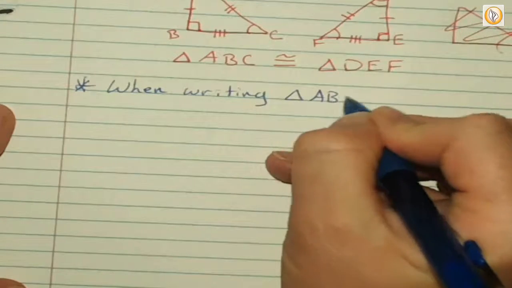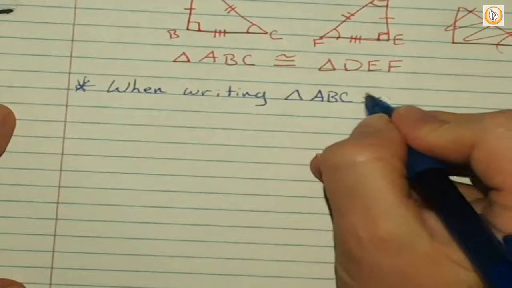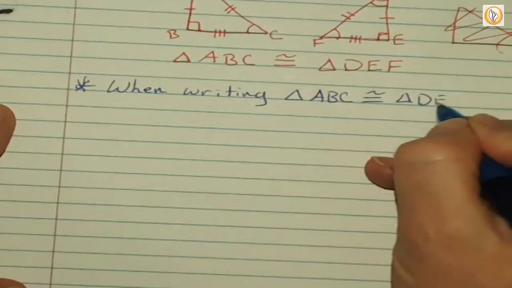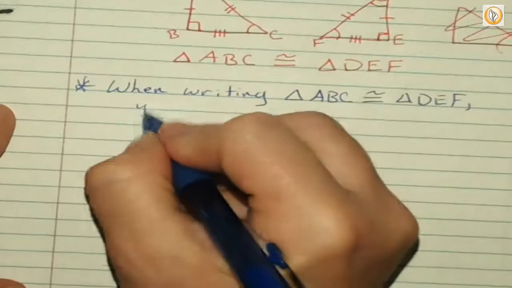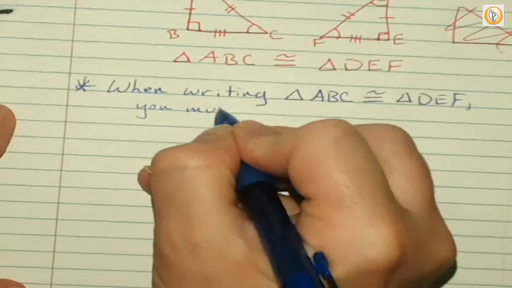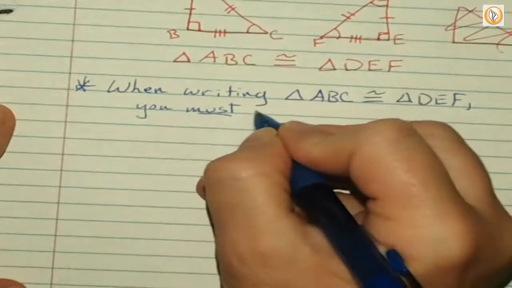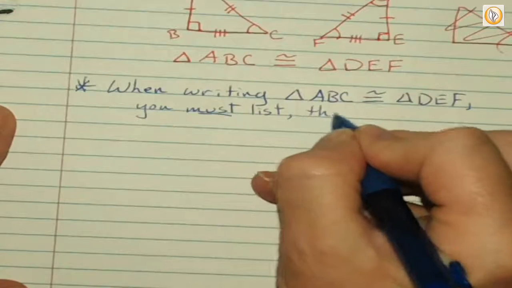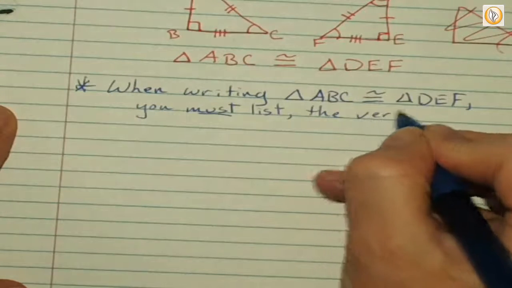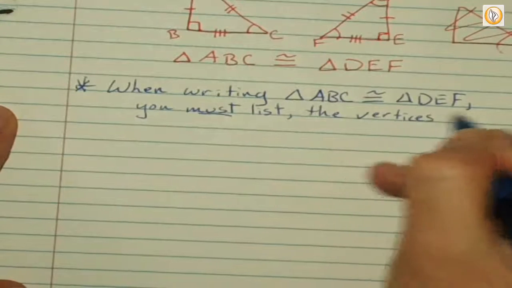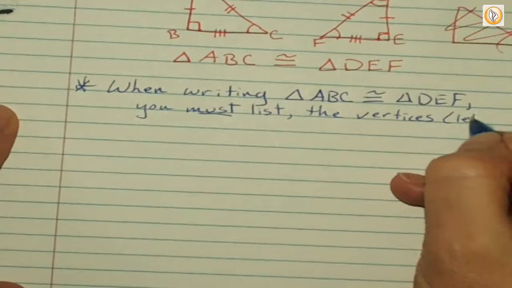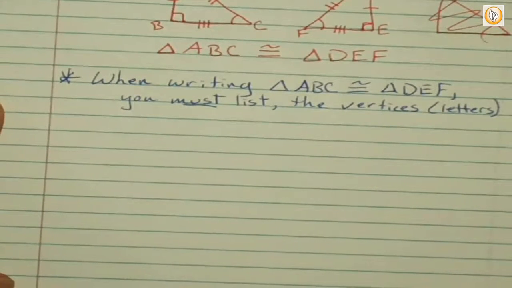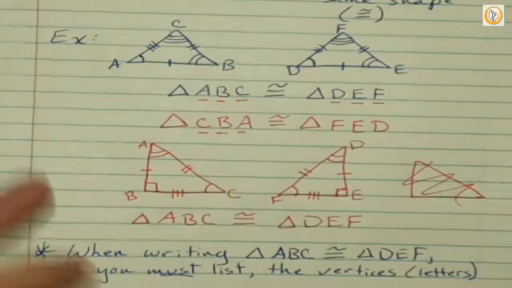When writing triangle ABC is congruent to triangle DEF, you must list the vertices, which are your letters, you know, the A, B, C, D, but those are your vertices, those points, right?